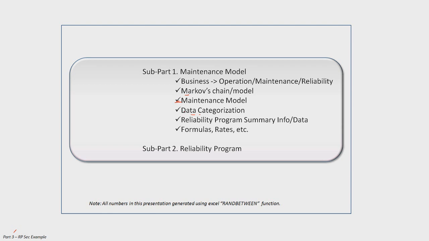Then, based on these groups, we will try to define reliability program summary data, summary information, and last but not least, we are going to discuss formulas, rates, and I'm going to show you some brief examples. Quick note here, all numbers in our presentation were generated using the Excel random function. Now let's move to the next slide and start today's presentation.